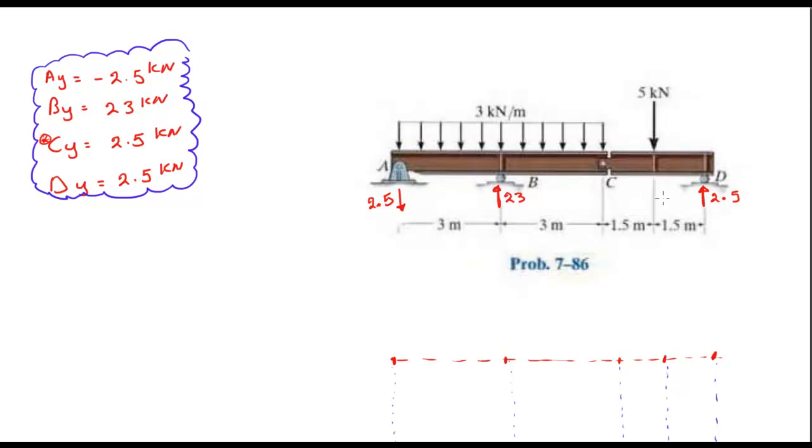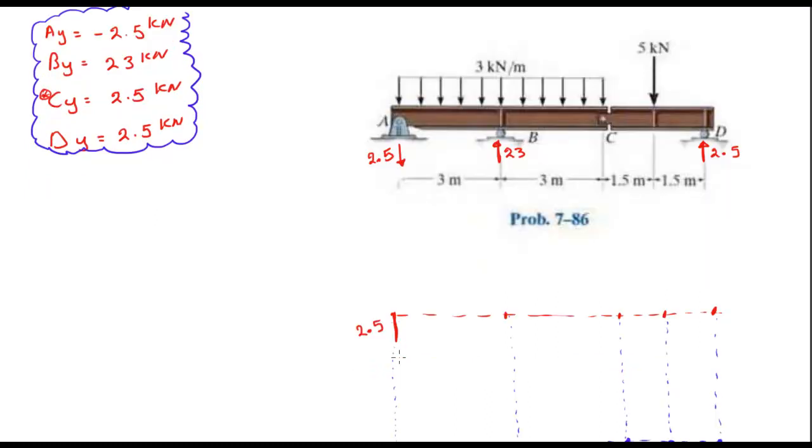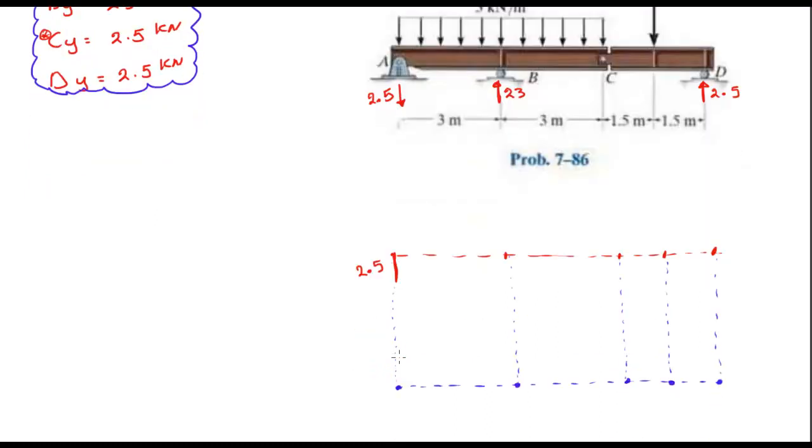Okay, so let's try to do this. Now we have AY going down with a value of 2.5, so it should go something like this, going down 2.5. If I scroll down just a little, alright. Now, what happens at point B? Does the shear diagram go up or down?